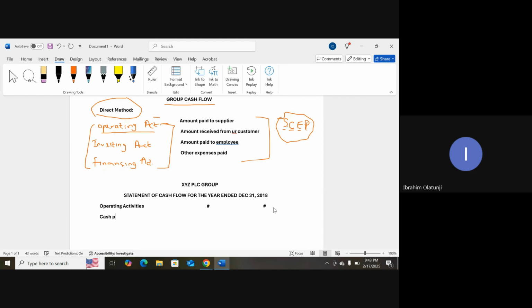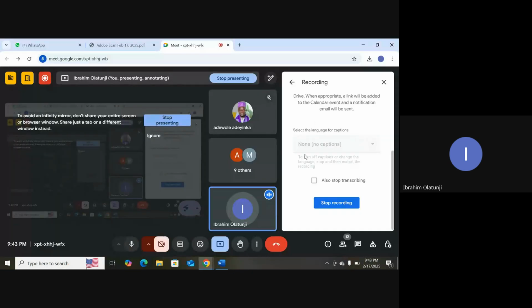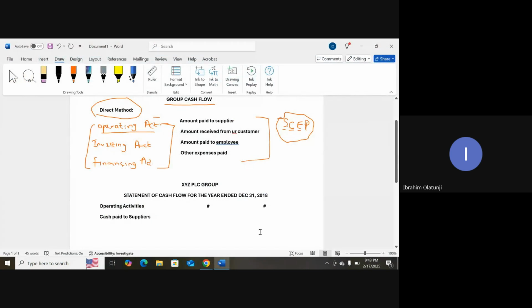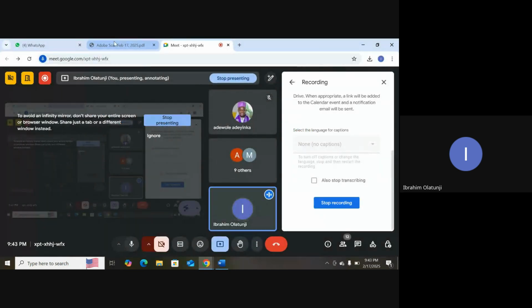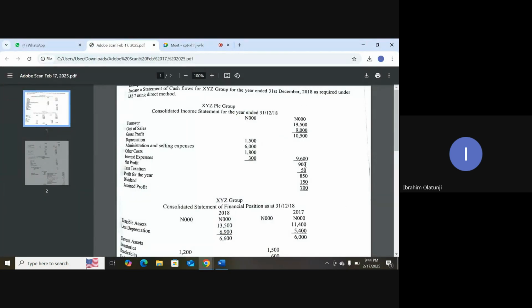So cash paid to supplier is the amount paid to your supplier. Then you can check your question whether you are given the amount paid to supplier directly. But if it is not given directly, then there is a way to calculate that.